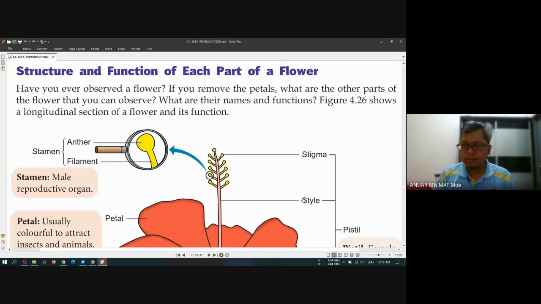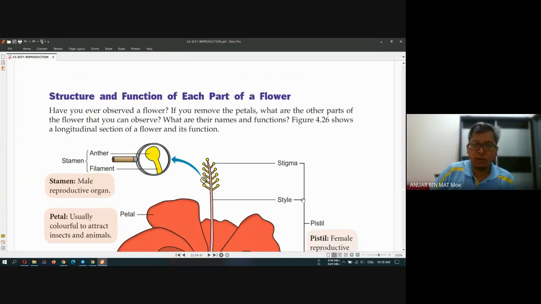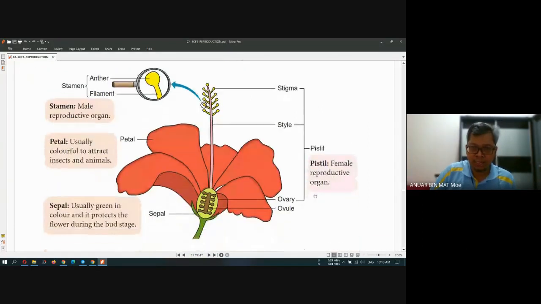In plant reproduction, you also need to identify and know the function of each structure of a flower. When we talk about a flower, a flower is the reproductive organ in plant. Can you understand this? Flower is the reproductive organ in plant.